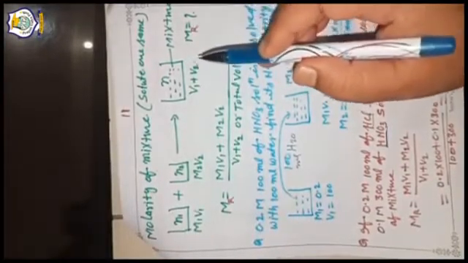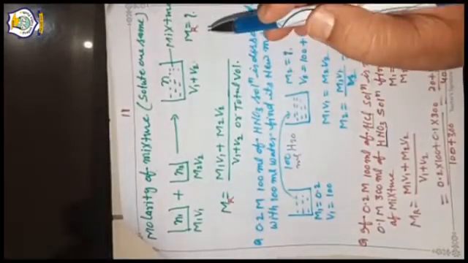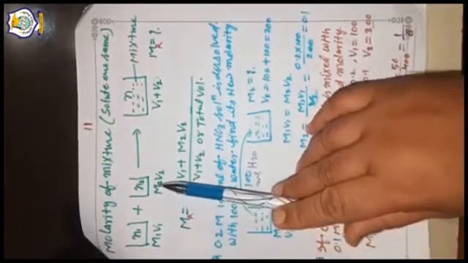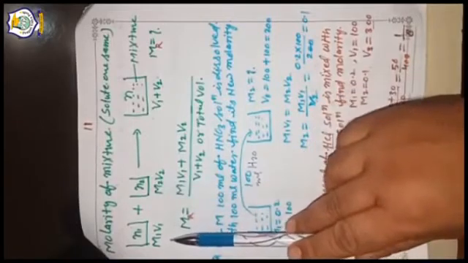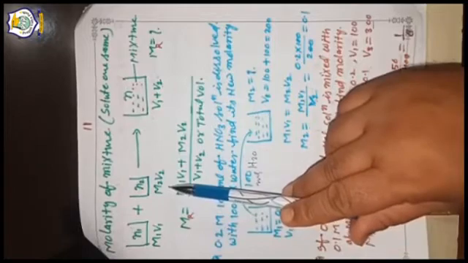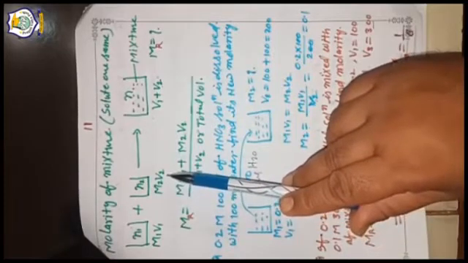The molarity of a mixture if the solutes are the same. In case of a mixture, when the solutes are the same, first solution has the number of moles N1, molarity M1 and volume V1; second solution has the number of moles N2, molarity M2 and volume V2.